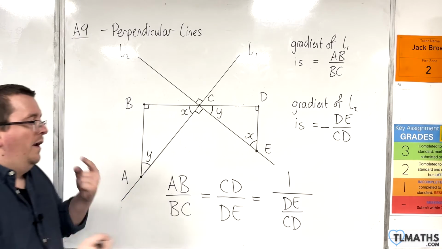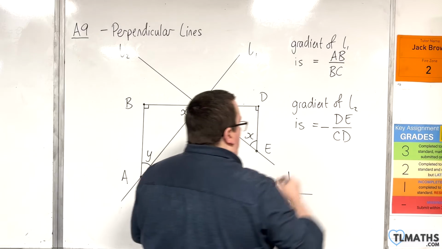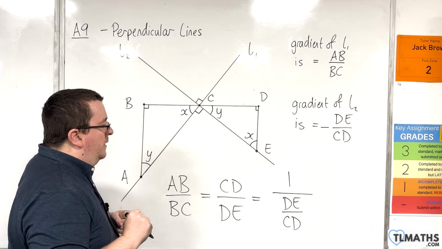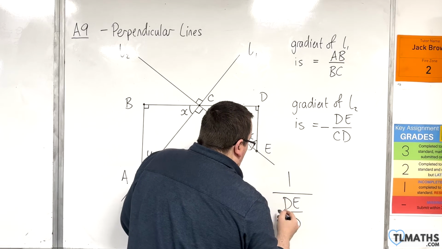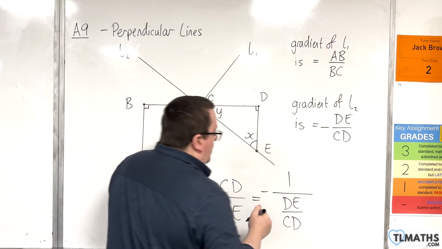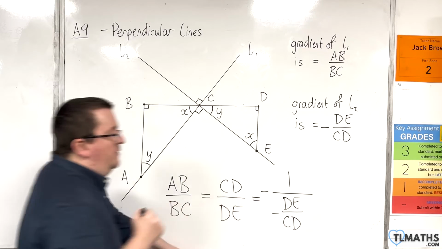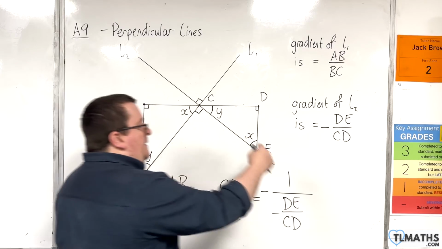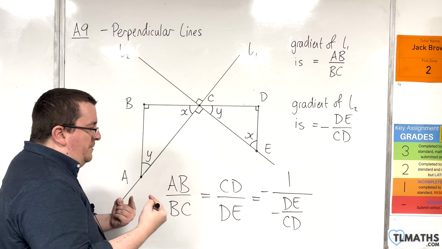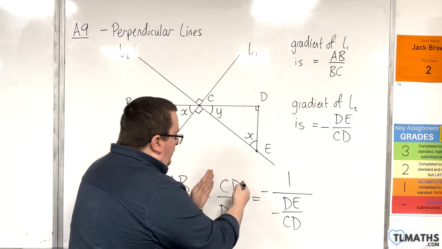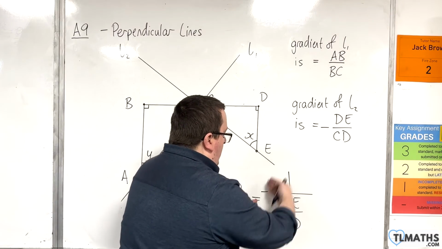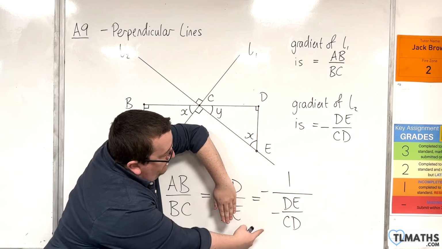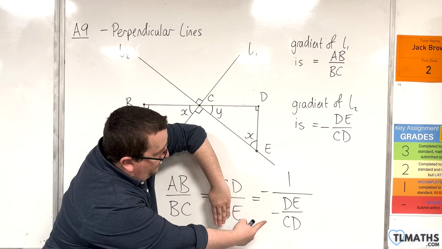So we've actually got 1 over the DE over CD that I've got there, because 1 over will flip the fraction round and be a reciprocal. And I've got the negative of that value. So these two minuses would knock each other out, and then 1 over would flip that fraction round. And so CD over DE is equal to this, which means that AB over BC must be equal to this. Okay?